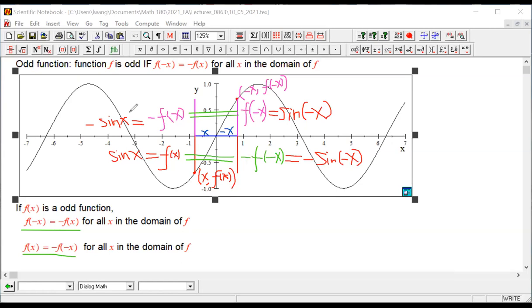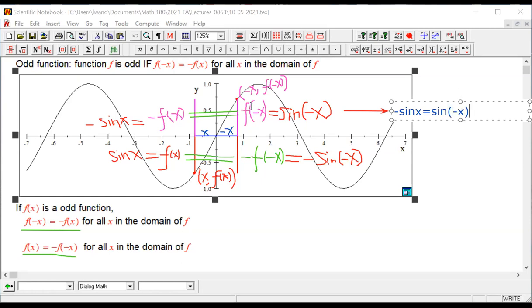Okay, and now we said they are equal. These are all equal, right? So negative sine x is equal to sine of negative x.